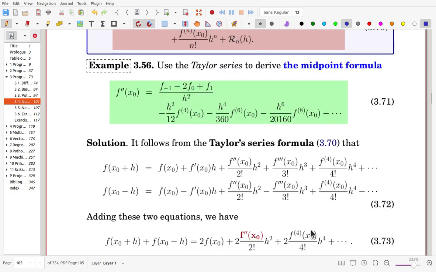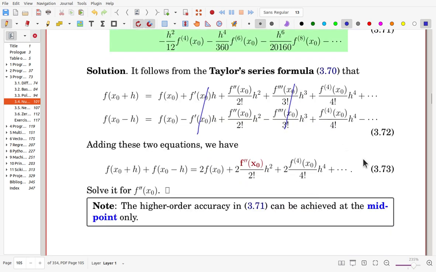The purpose of this computation is to eliminate this term and also that term. By adding the two equations, the plus and minus terms will disappear. The left-hand side is the addition, and the right-hand side is twice this one, twice that one, and so on.